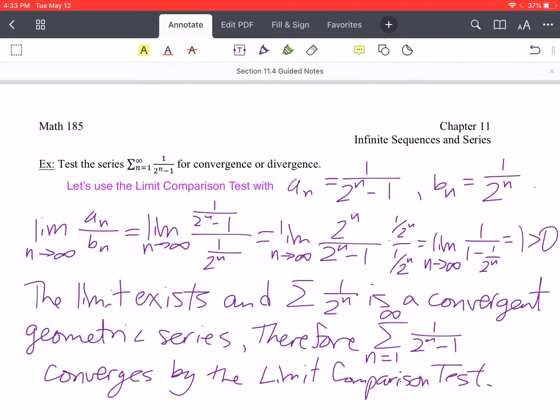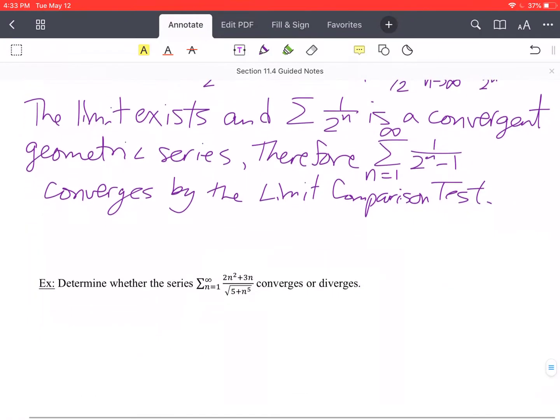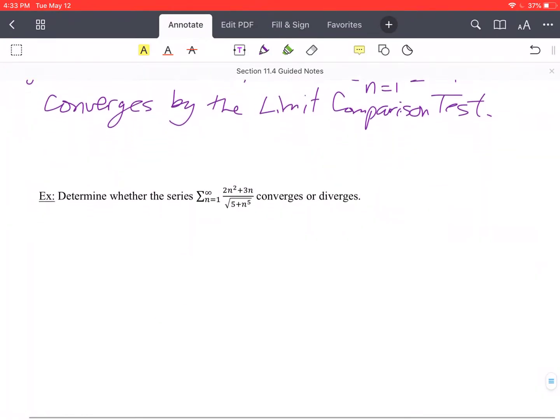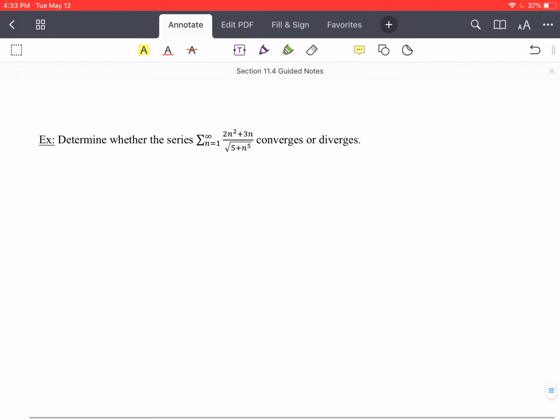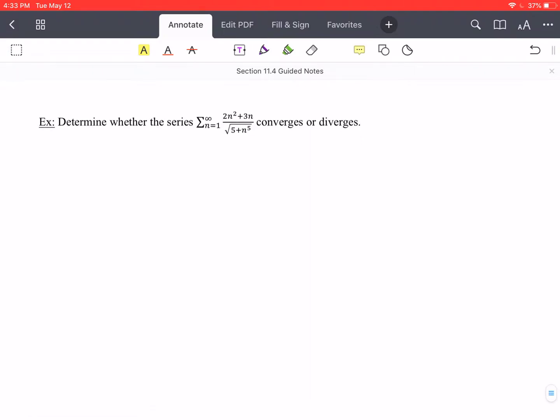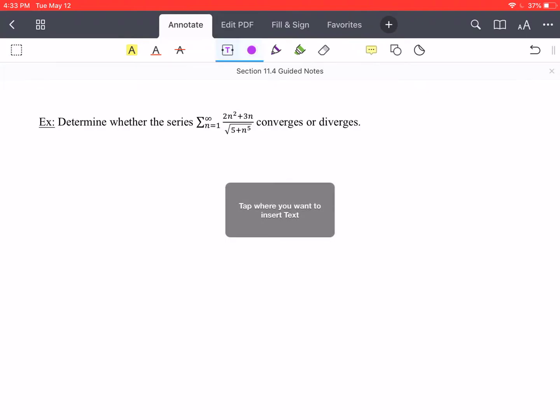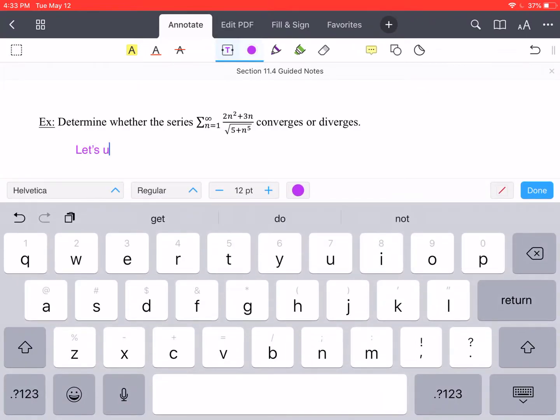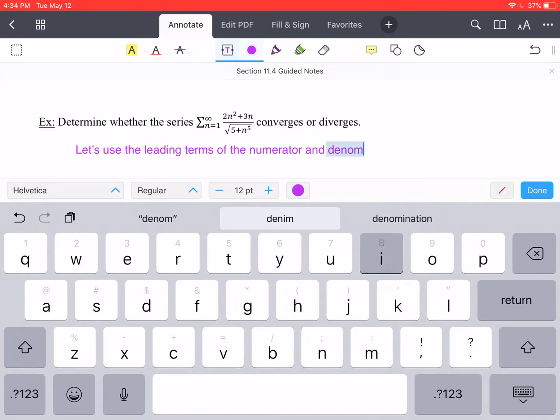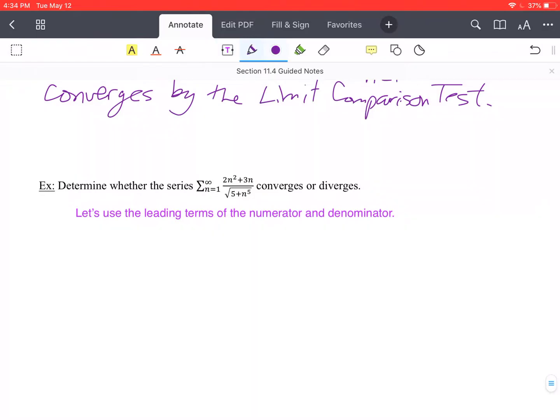All right. And then let's look at one more. So determine whether this series converges or diverges. So in this case, let's use the leading terms of the numerator and denominator to help us identify another series that we can use.